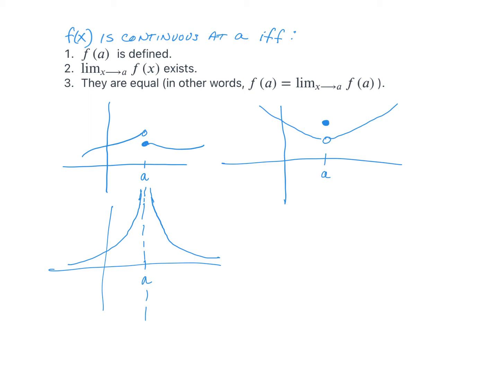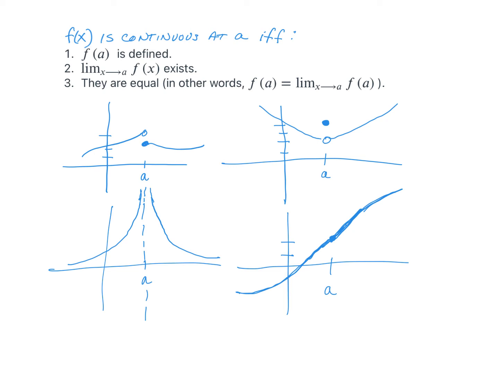And then the final situation looks something like this. Here's A, and the graph is filled in, or it looks completely smooth at that point. Let's say this is like 2. So this is 2, 3. Okay, so let's look at these four scenarios.